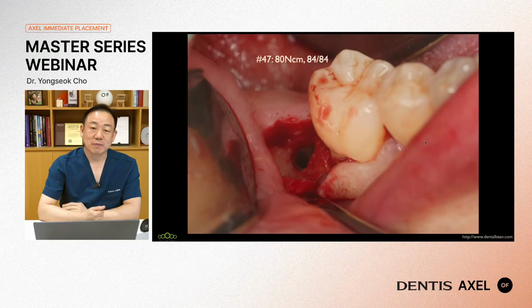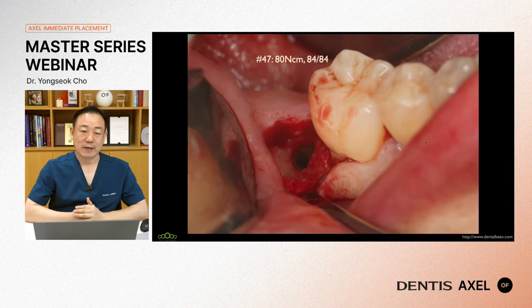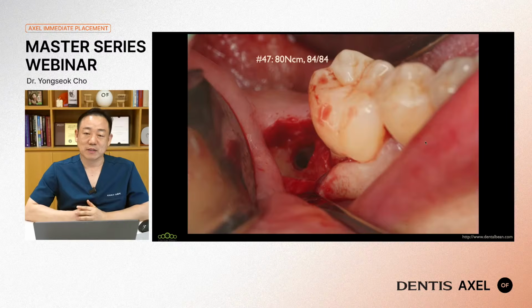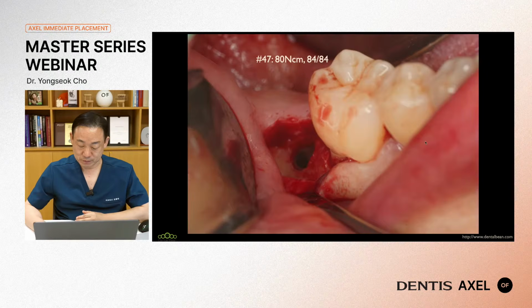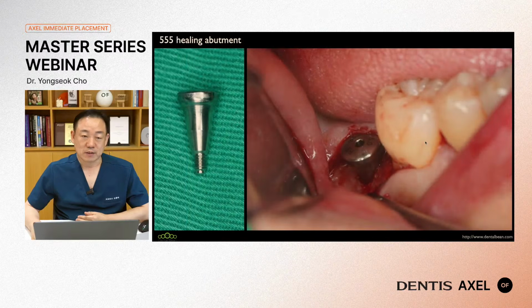Here I placed the implant deeply and I could get very strong primary stability: 80 Newton centimeter, ISQ value 84. Once the surgery was done, I connected the healing abutment.